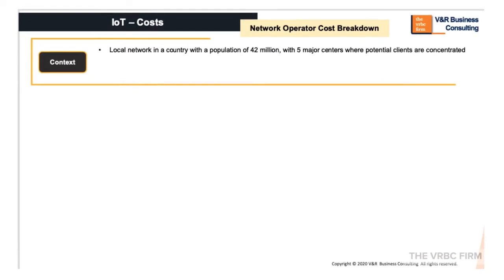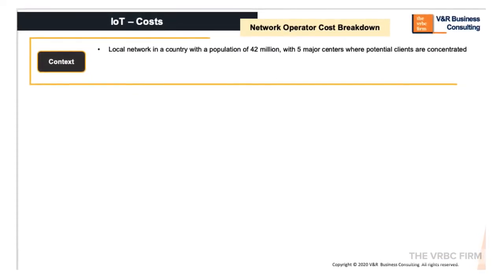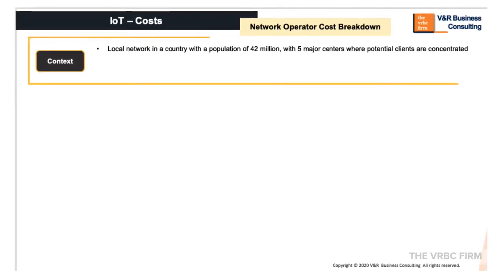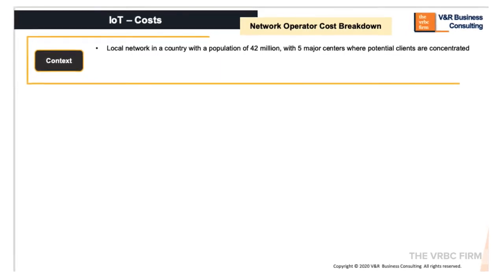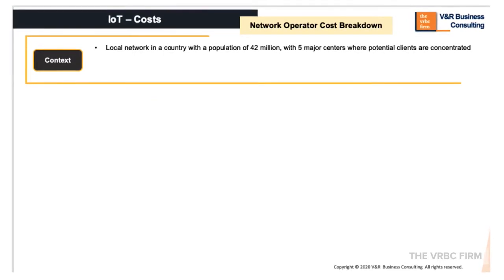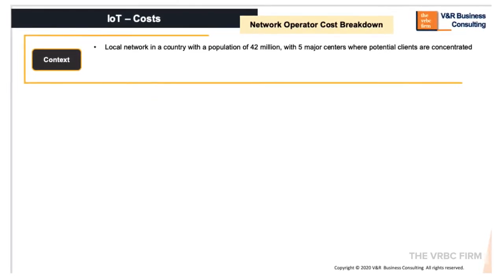So assume the intended region is a country with approximately 42 million people and 5 major metropoles. The network operator has determined that they could get 4 major clients whose main target market for devices or objects lie in 3 metropoles with a potential base of 17 million objects. Perhaps these potential clients are a pay TV operator, 2 municipalities for smart city applications, as well as an appliance manufacturer.